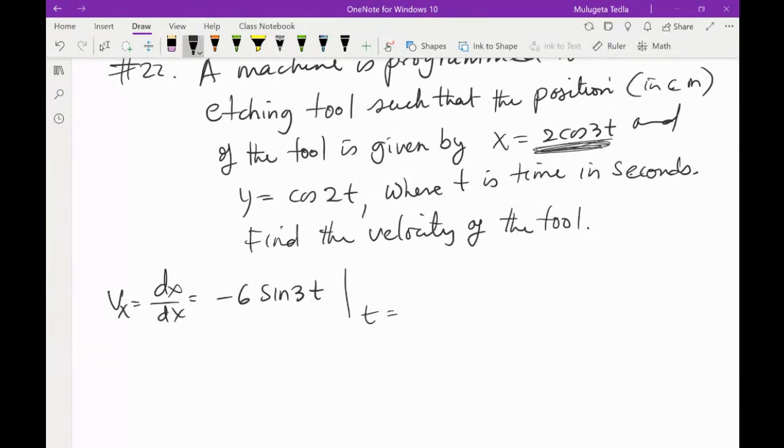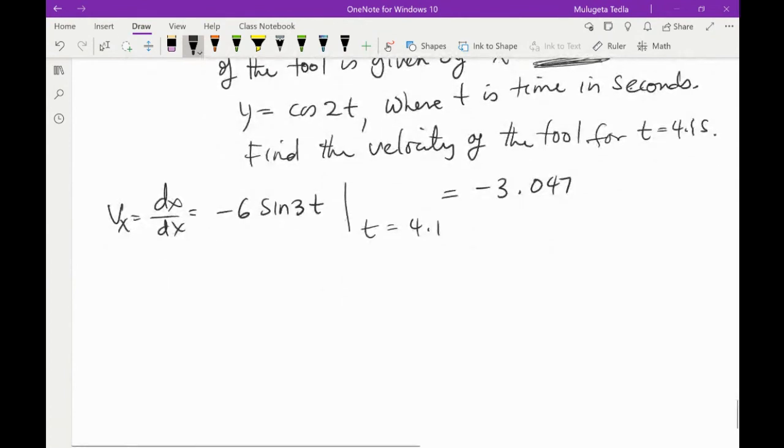Oh, they give us time. Find the velocity of the tool for t. If you have the book, you will see 4.1 seconds. So at 4.1 seconds, sine of 6 times 4.1 times 6. I got negative 0.047. If you have different, let me know.